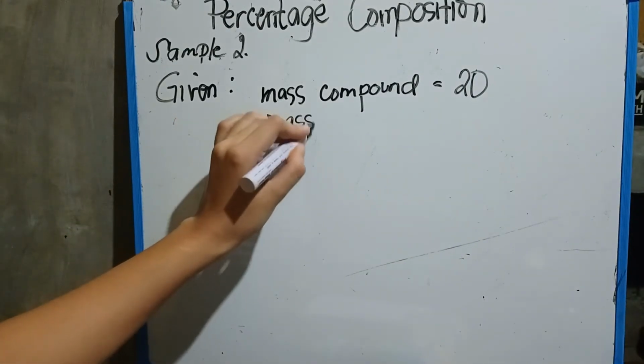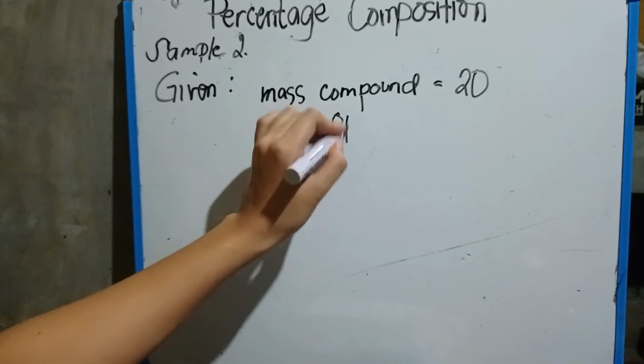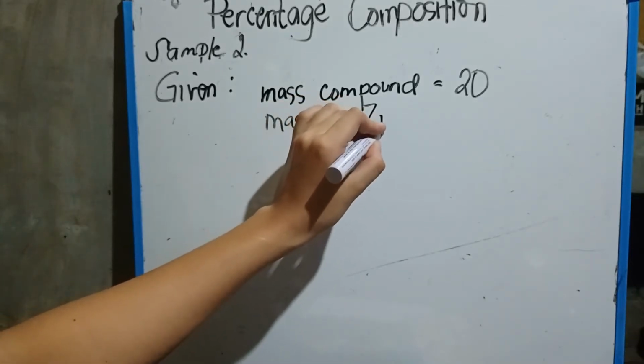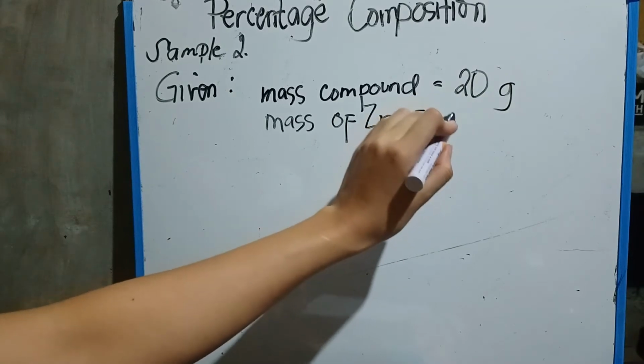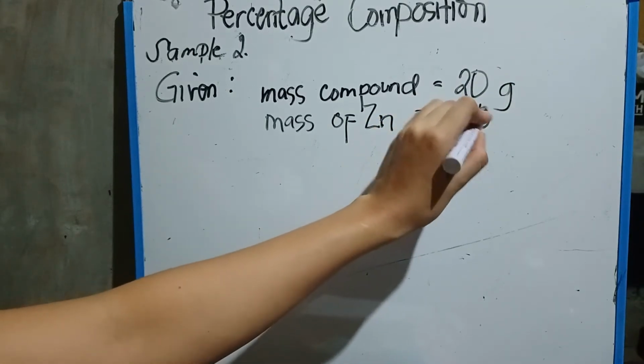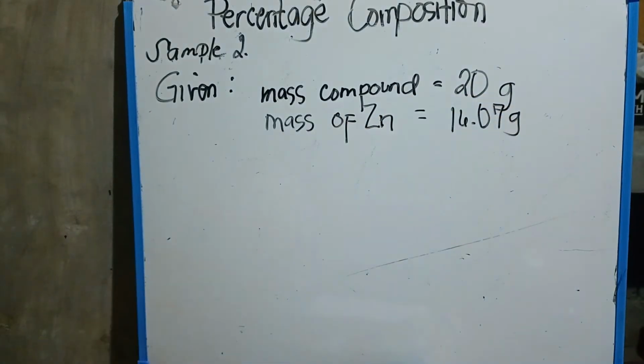So we already have the mass of the compound and also the mass of our zinc.